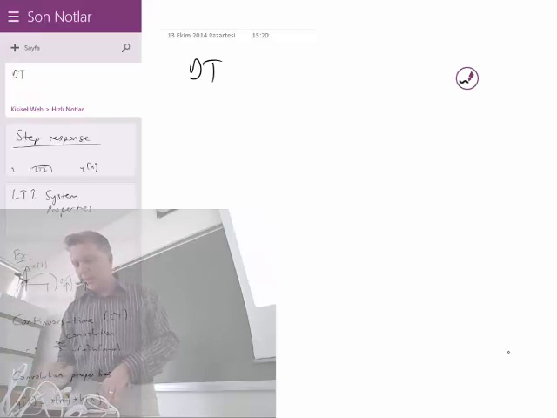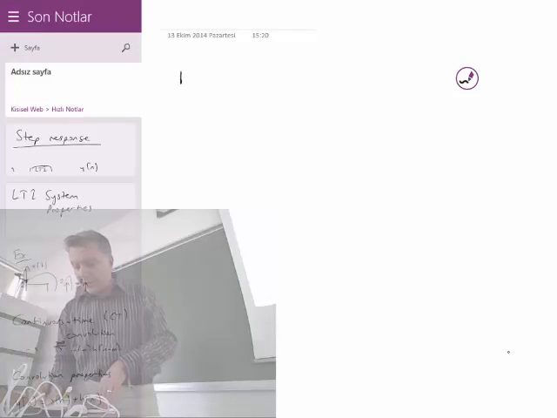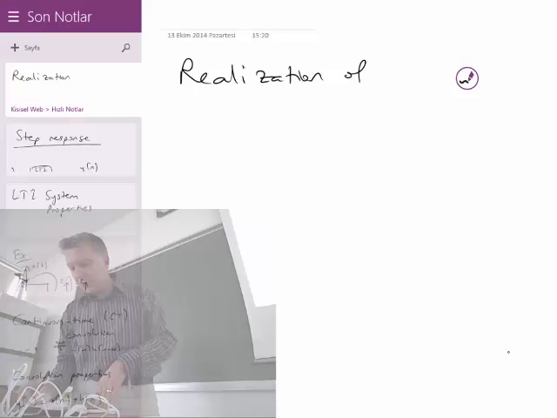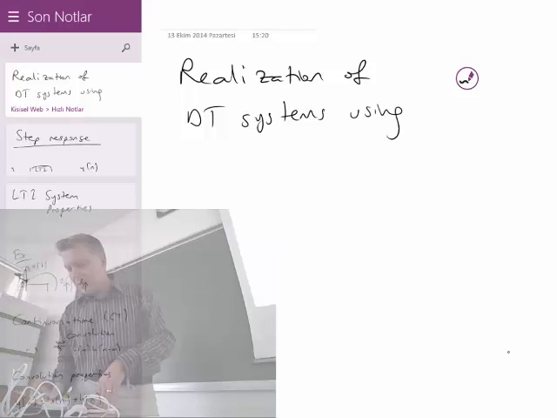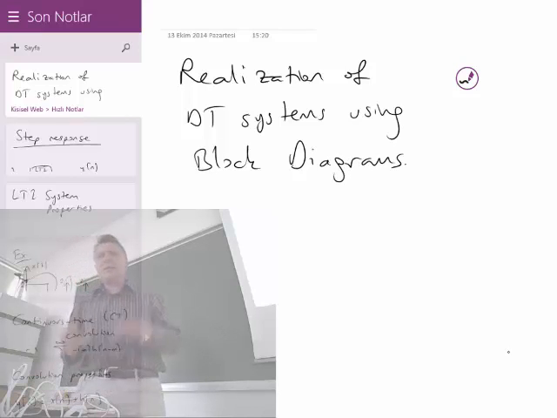So the new topic is realization of discrete time systems using block diagrams. This is the new title of interest.